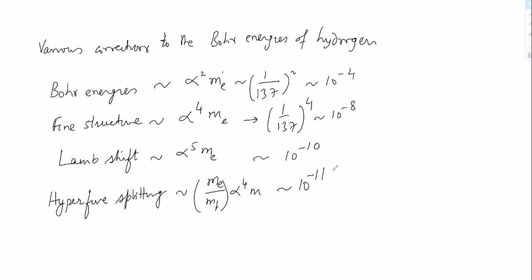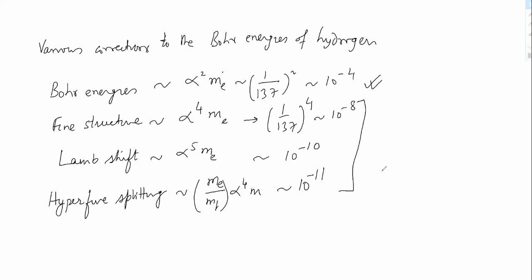That means this is roughly of the order of 10 power minus 11. Therefore, as you can see, the dominant term will be this one, which is very close to the experimentally observed number, but still these are the various corrections which are required if we want to understand the hydrogen atom problem. Okay?